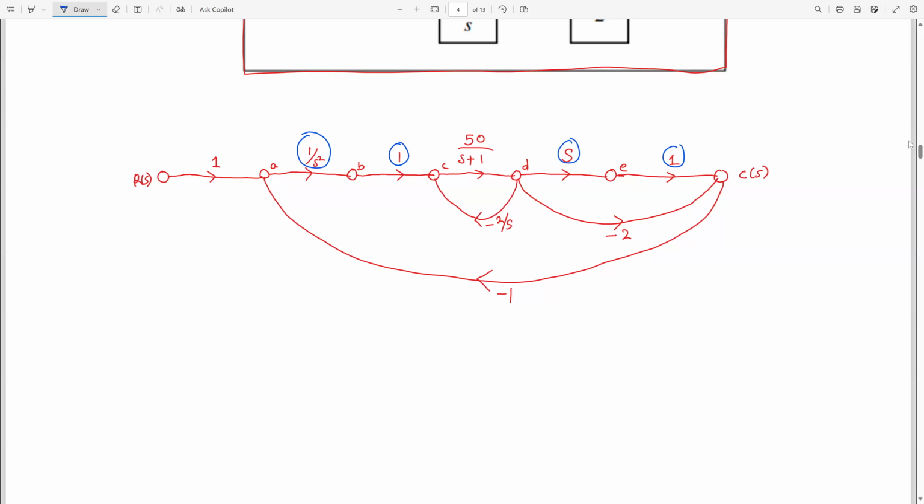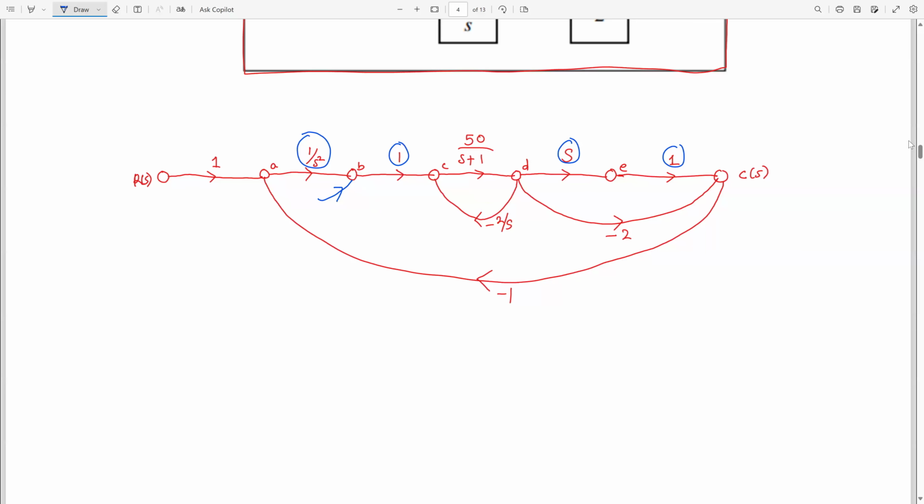separating. Let me take an instance. If this were here, then I wouldn't multiply the S by the 1 because of this branch here, right? That's why we are not multiplying the 50 by the S here. But we can multiply the 1 over S by the 1 because there's nothing in between.